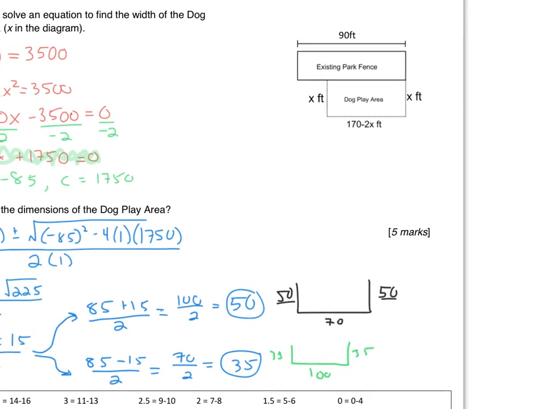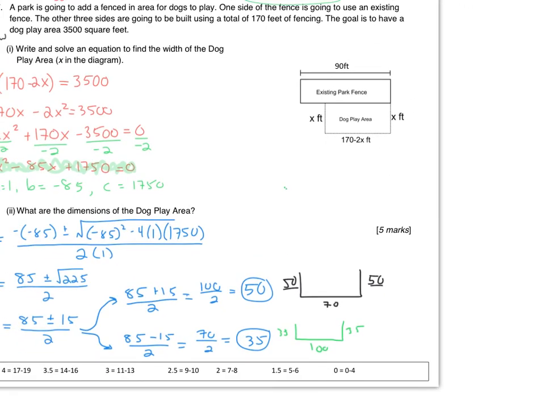The problem is, if I do so, this dimension right here of 100 works out to be longer than the existing park fence of 90. And you can clearly see in the diagram that I do not have a situation where I have something longer than the existing park fence, because I'm required to use that existing park fence to make this happen. So I can't go 10 feet longer.